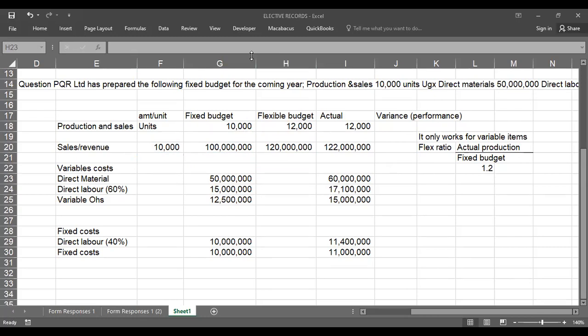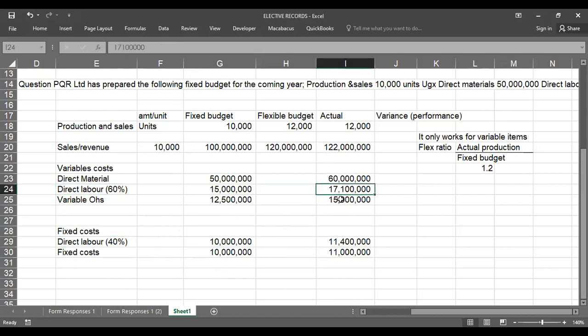How were the actual and fixed overheads gotten? They were given in the question, like I already told you. For the fixed, the overheads were given as 11,000. I hope you have the question as well: Topic 2, advanced budgeting, a PDF, and PQR is the question. This information was given as it is. What was not given is direct labor, which was given as a total.